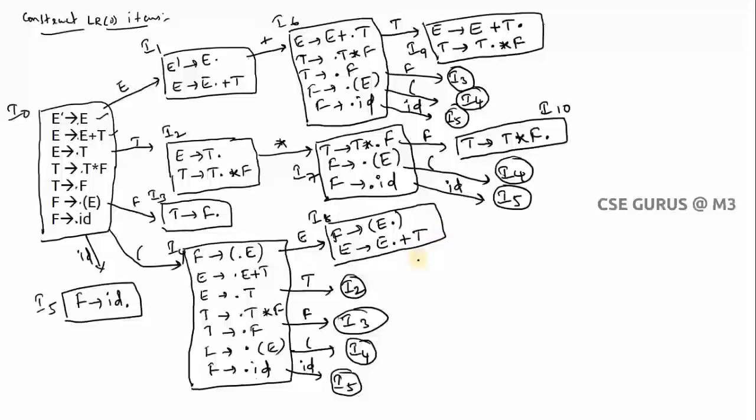Now the next thing is dot close brace you need to scan. It will become F tends to open brace E close brace dot. That's it. Only one production. This is I11.